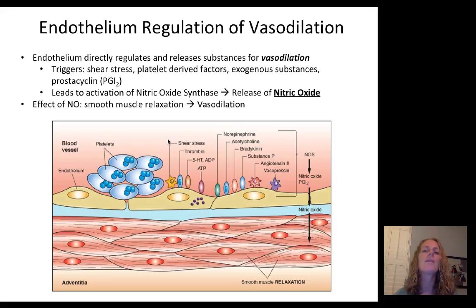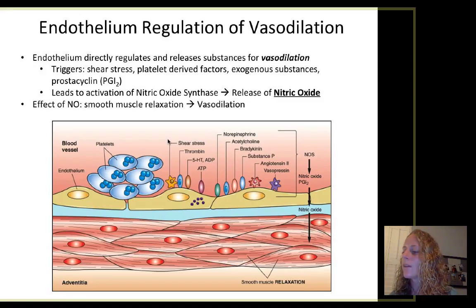Here's an example of endothelium regulation of vasodilation from your textbook. Ultimately, this leads to the release of nitric oxide. So the endothelium directly regulates and releases substances for vasodilation. Some example triggers are shear stress, platelet-derived factors, exogenous substances, and prostacyclin.